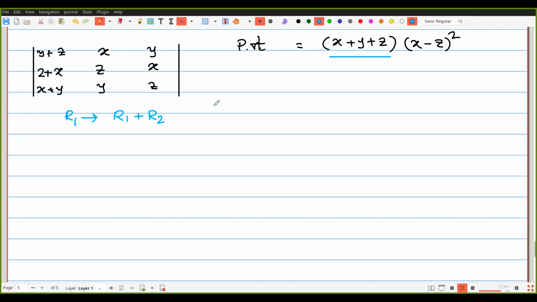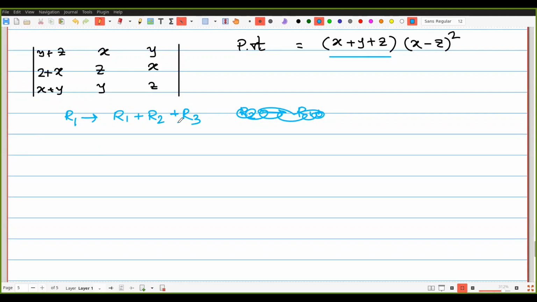Okay, then r2 is equal to r1 plus... okay, nothing, just simply at first do r1 is equal to r1 plus r2 plus r3.